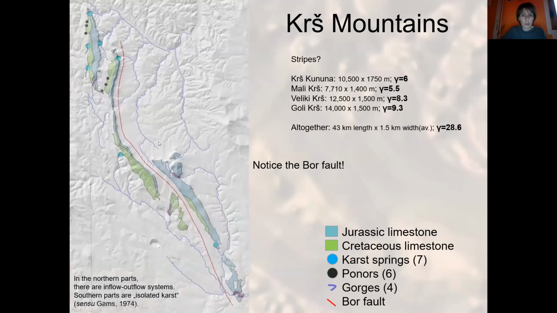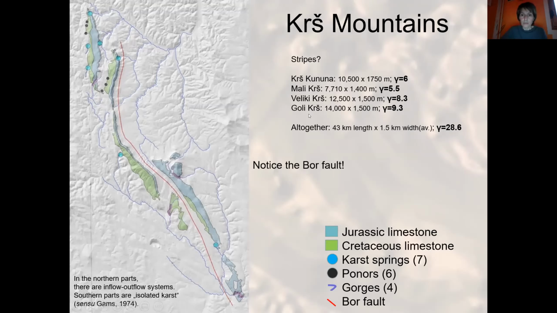So another is the example of Karst Mountains, which actually is a long mountain range with several units, with a combination of Jurassic and Cretaceous limestones.